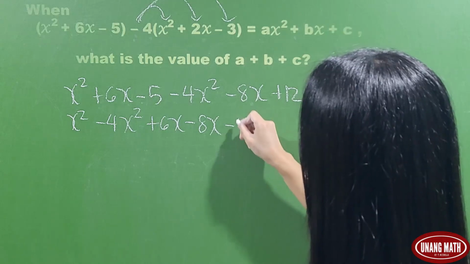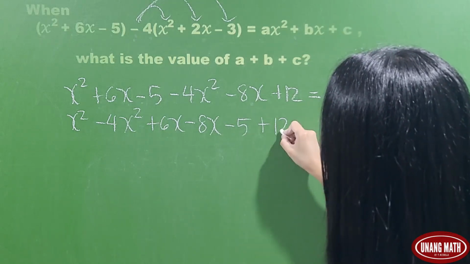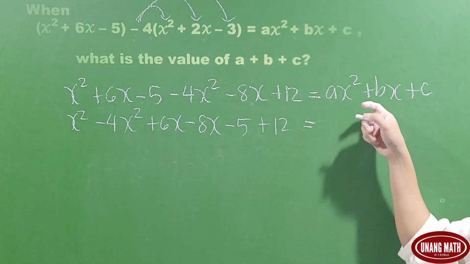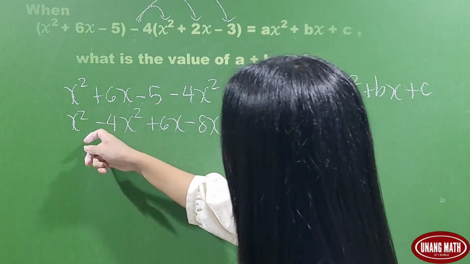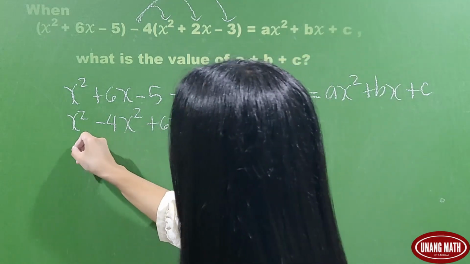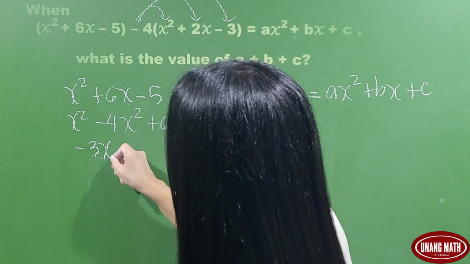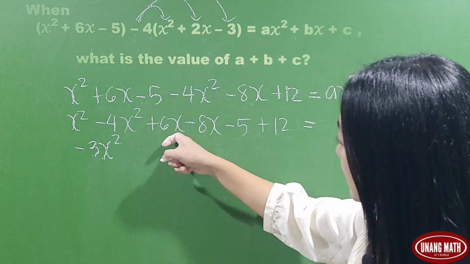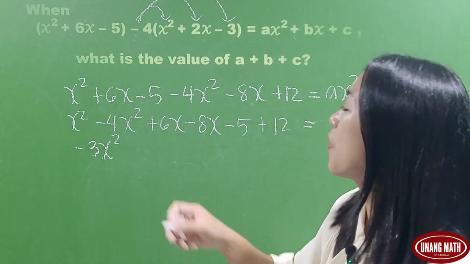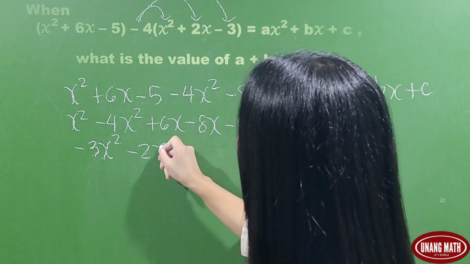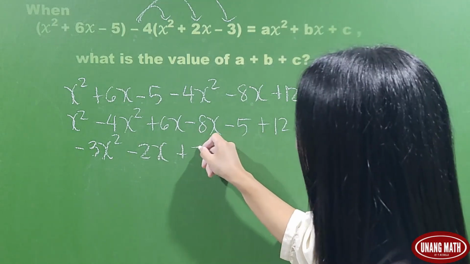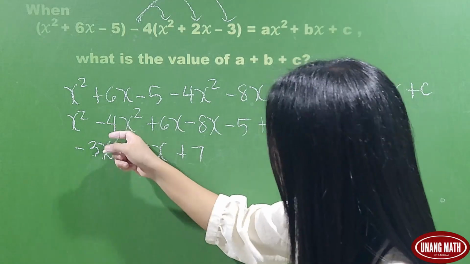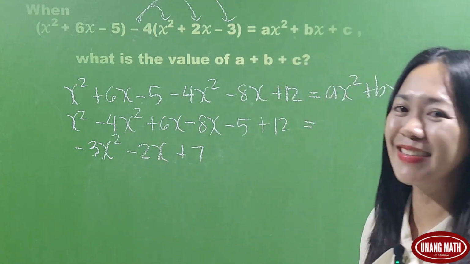And then negative 5 plus 12. Let's simplify. x squared minus 4x squared would be negative 3x squared. 6x minus 8x would be equal to negative 2x. And negative 5 plus 12, 7. So this is plus 7.